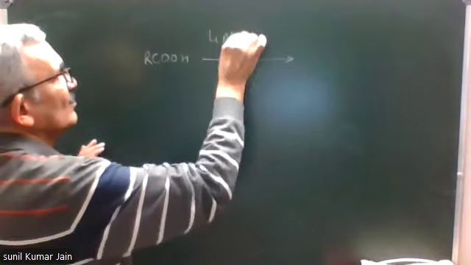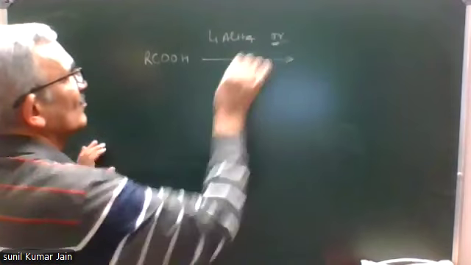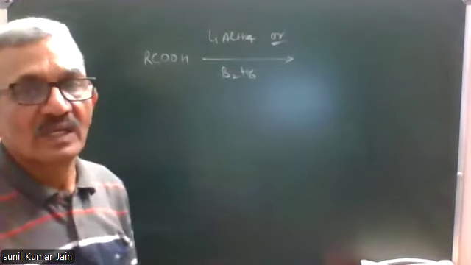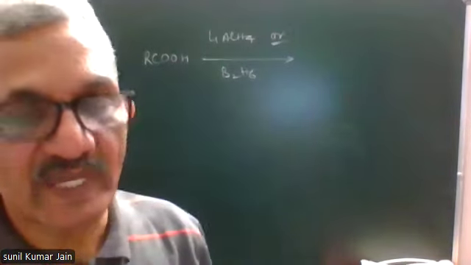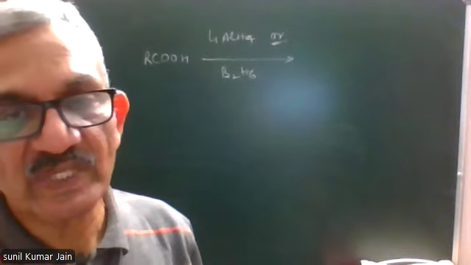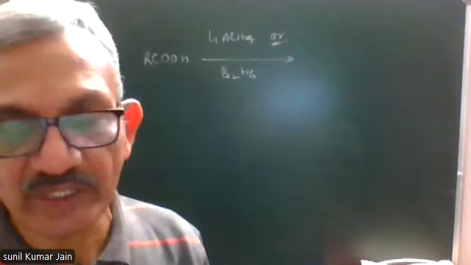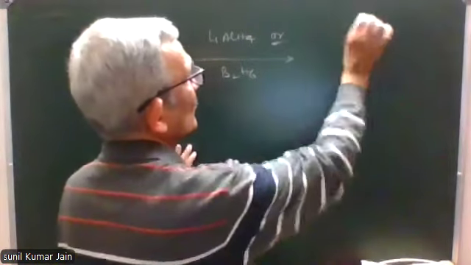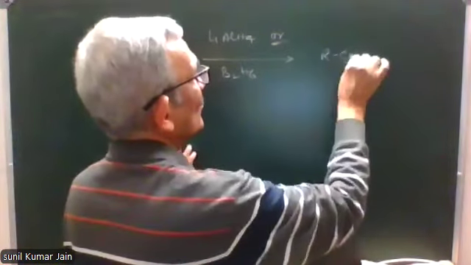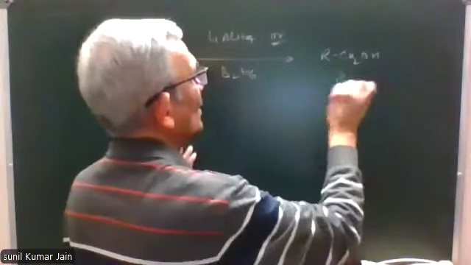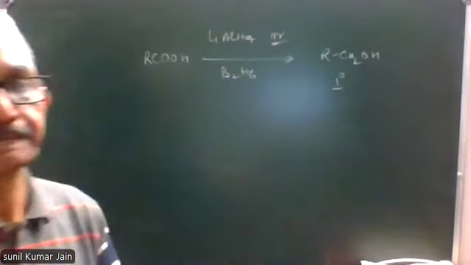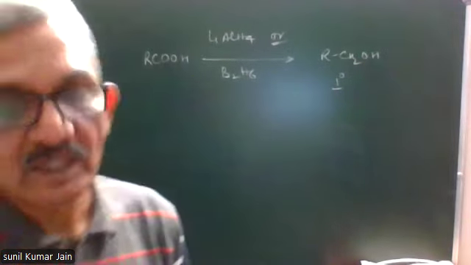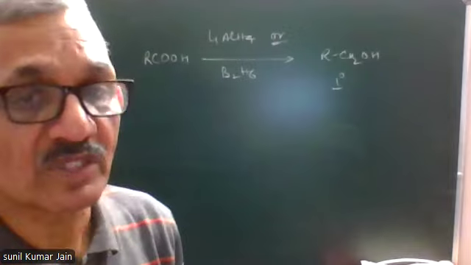Equation. Diborane is B2H6. In place of B2H6, you can even write BH3. That is correct. Gives primary alcohol. Something important about this reaction.